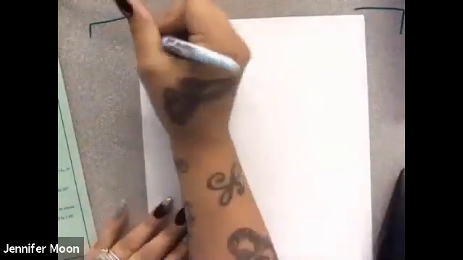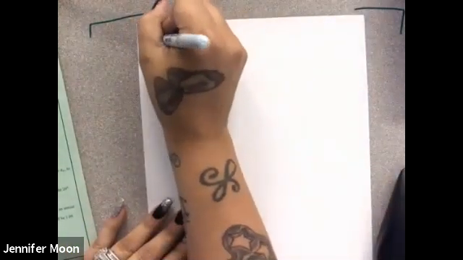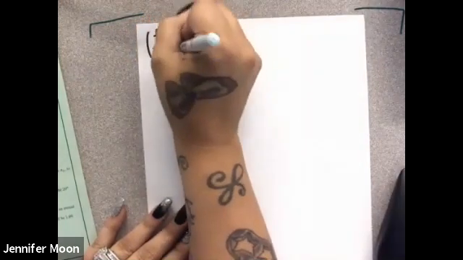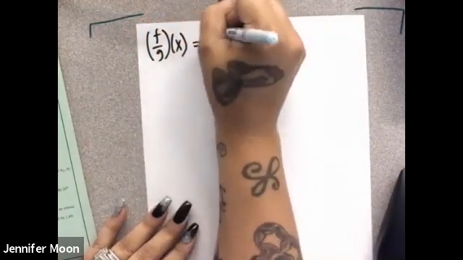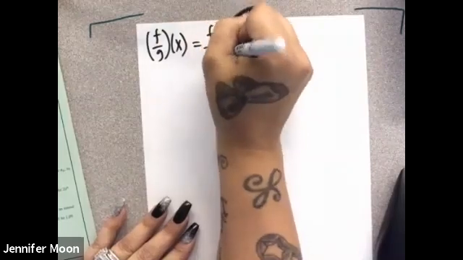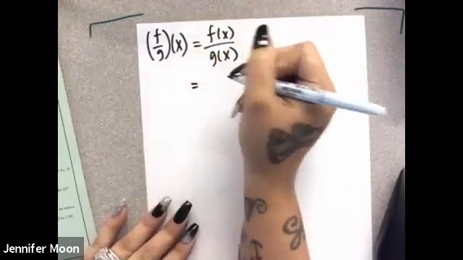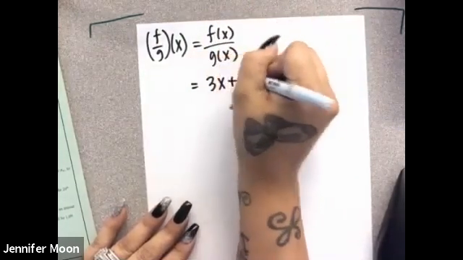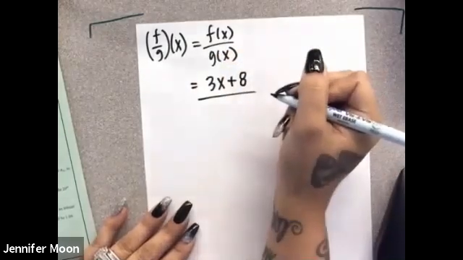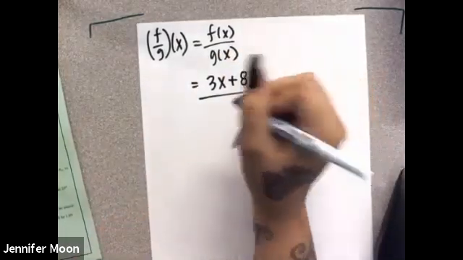So if you take f of x and you divide it by g of x. So what we're doing is f of x over g of x. My f of x was 3x plus 8, is that right? And then my g of x was x minus 7.